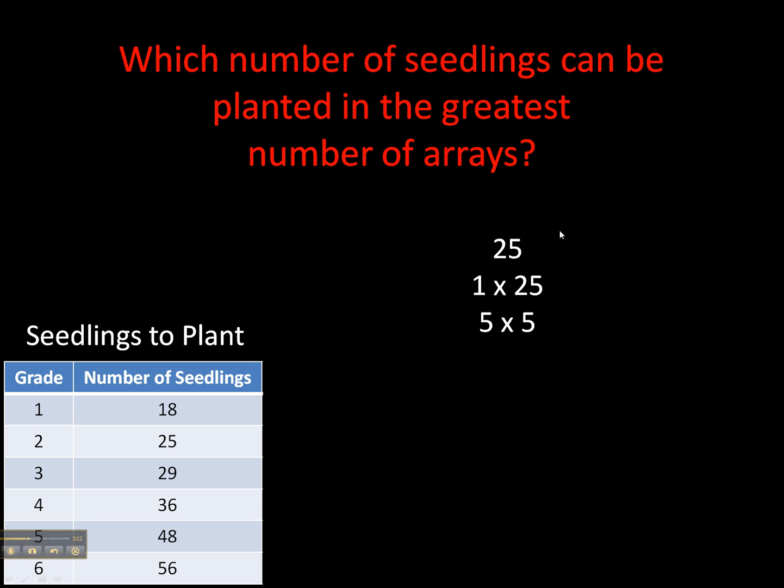And 6 won't work, 7 won't work, 8, 9, and 10, and so that leaves us with 1, 5, 25. Those are the factors of 25.